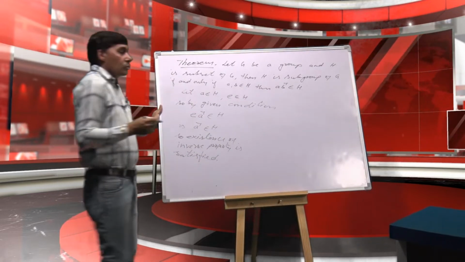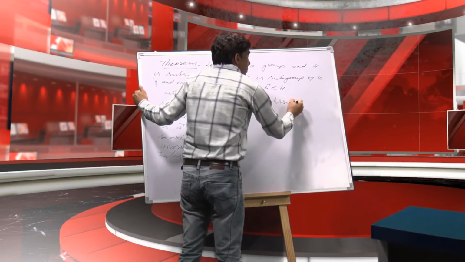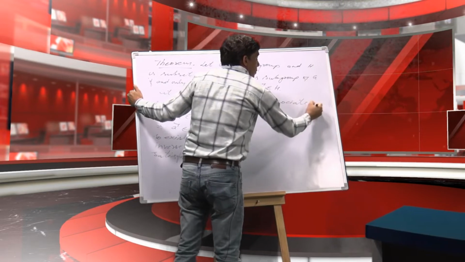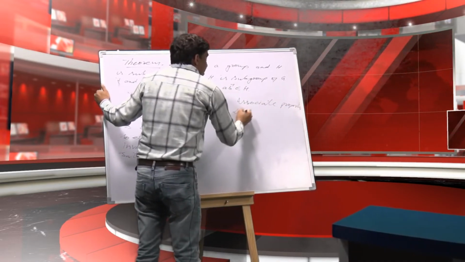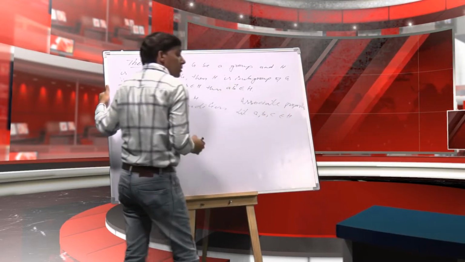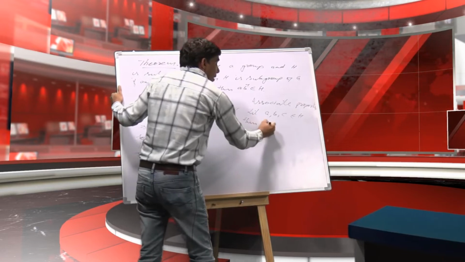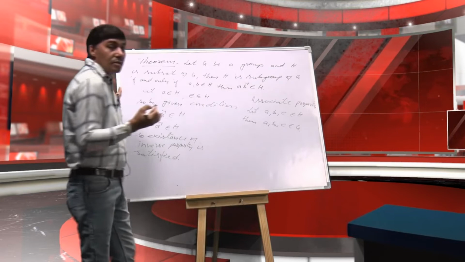The next one, associative property. Let a, b, c belong to H, then a, b, c belong to G. Why?